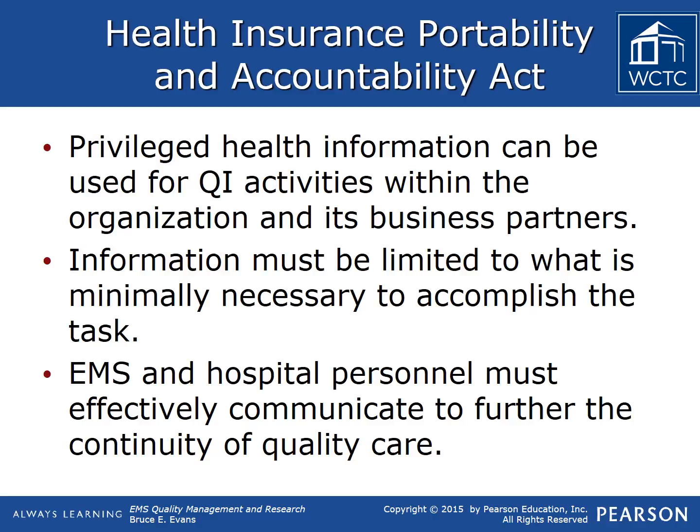For years, it was not uncommon for hospitals to refuse to release information to EMS agencies citing HIPAA concerns, but those concerns are unfounded as HIPAA allows those disclosures for the benefit of improving the healthcare system for future patients using that system.